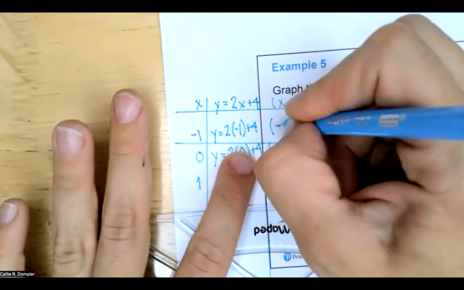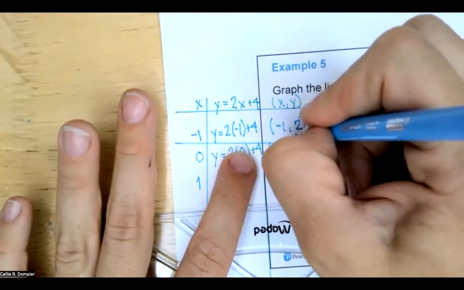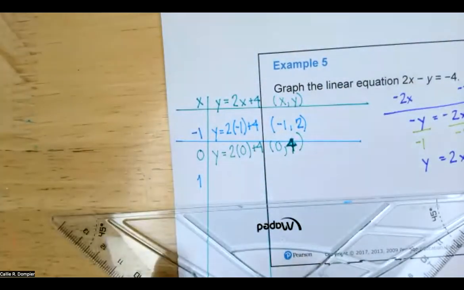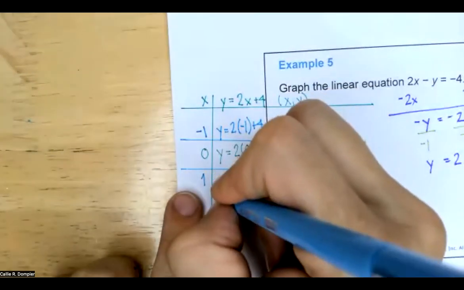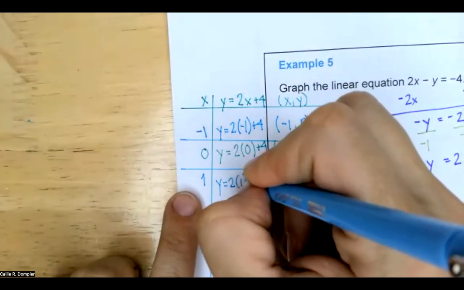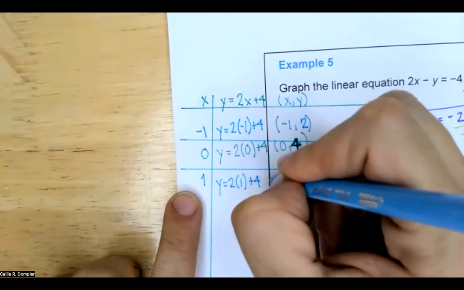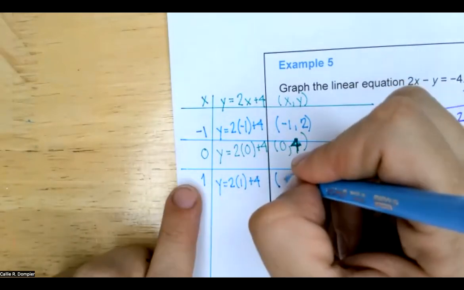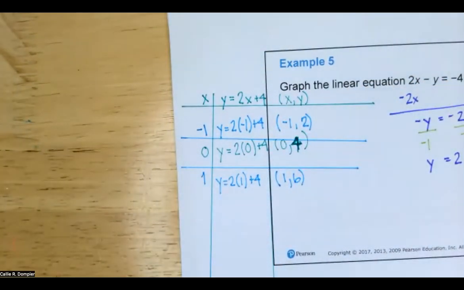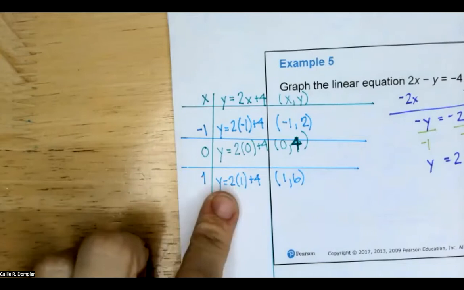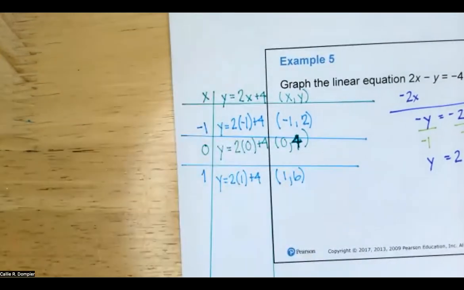So when x is -1, y is 2. Down here for 1, we have y equals 2 times 1 plus 4. So that means when x is 1, we have the 6 I wanted. Because 2 times 1 plus 4 is 6.